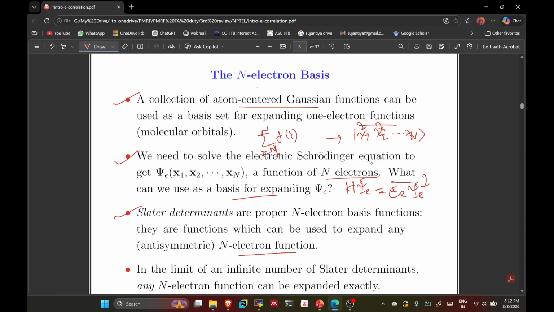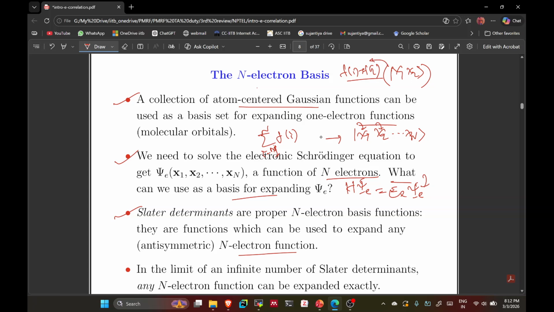So you try with the two electronic functions chi1, chi2, and you take f1 plus f2, and you operate f1 on this chi1 and chi2. You will see that this is the eigenfunction of this f1 plus f2, right?